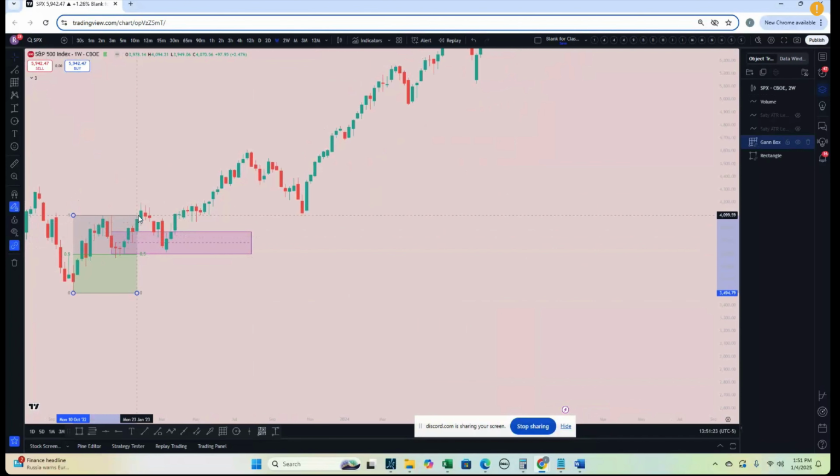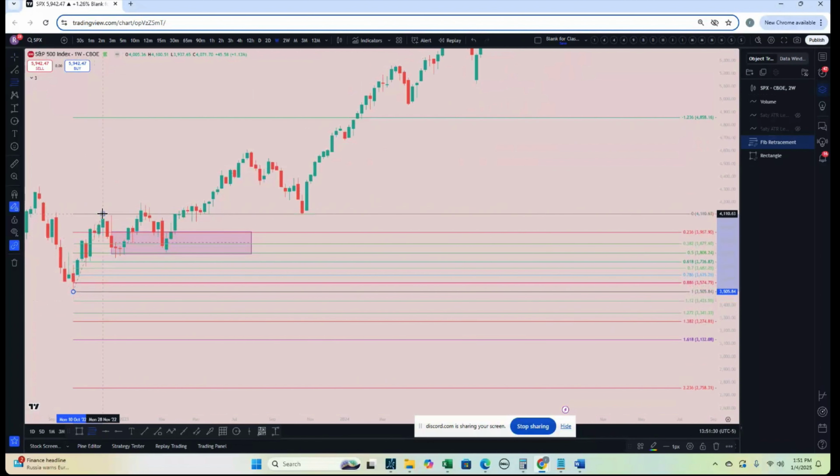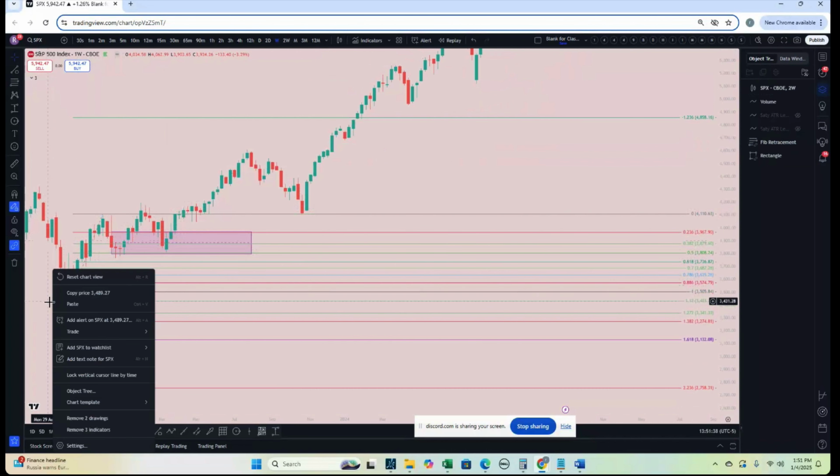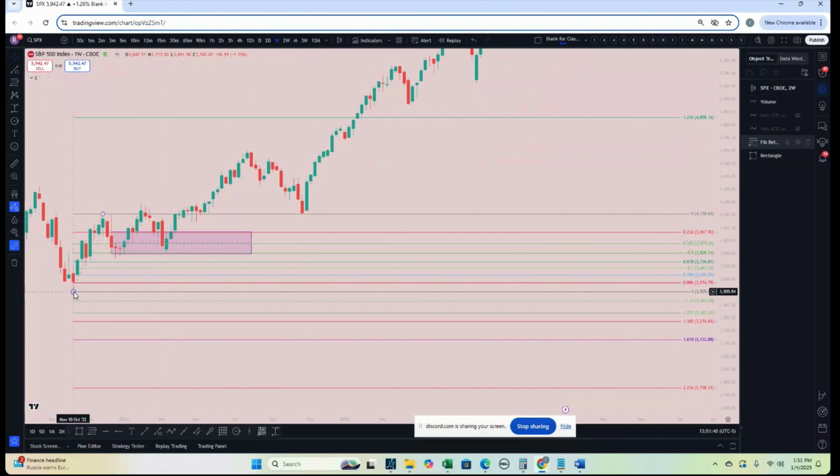Now, I'm saying that with the idea that there are times when, on a higher level, price may not go all the way to discount. On a smaller time frame, it may have. So if I fib from here, from your October 10th to your November 28th swing, that's about eight weeks, right?